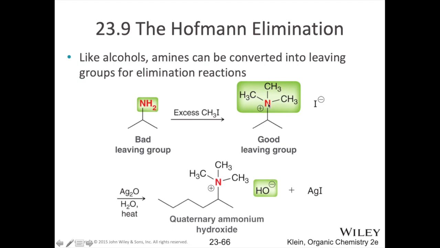This positively charged nitrogen is primed to leave as a neutral tertiary amine. So what we do here to encourage this is we react it with silver oxide and heat it up. So we precipitate out silver iodide, right? We get rid of that iodide ion as silver iodide, and we have the corresponding hydroxide instead.